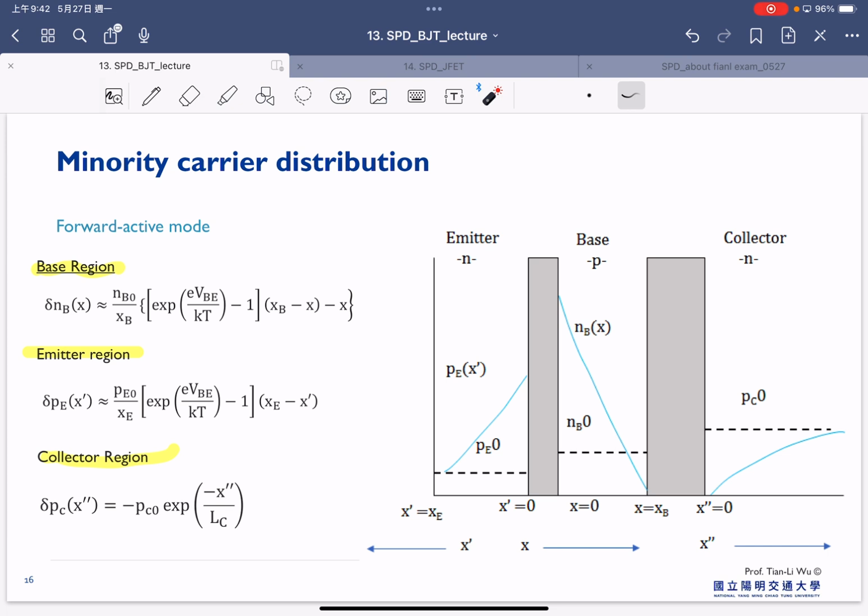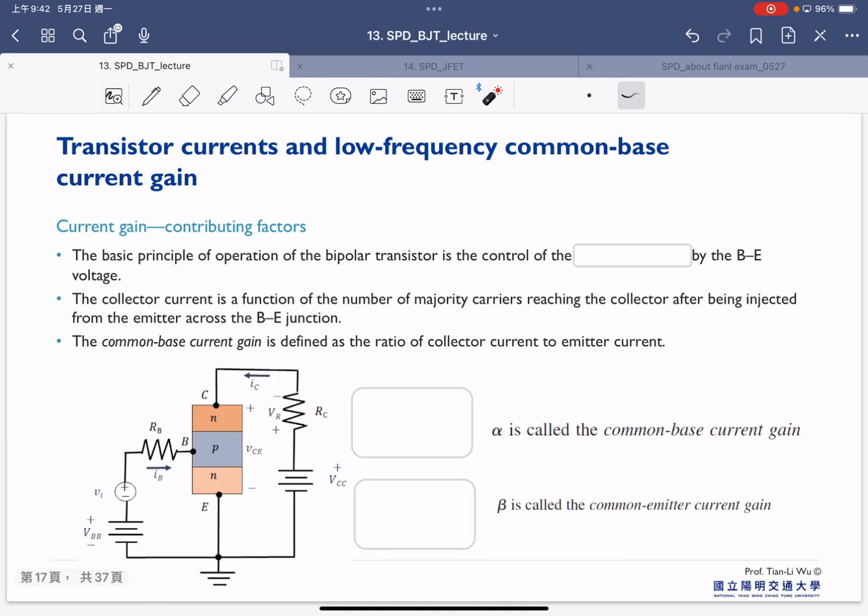The calculation for this equation just gives you some idea of how we derive the current, and the most important part is actually related to the current gain.